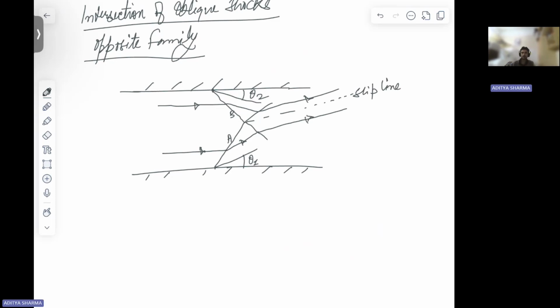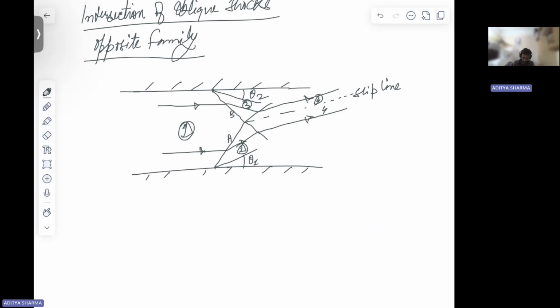And what is your slip line? Why do we have a slip line? Because there are entropy differences across the slip line. Okay. Though the static pressures are the same, there are entropy differences. So this is your region 1. This is your region 2. This is your region 3. This is your region 4.